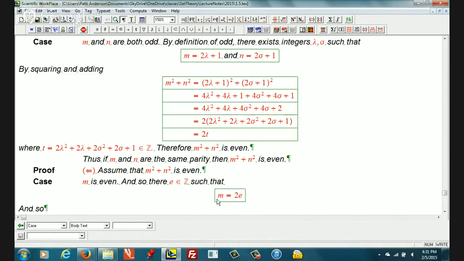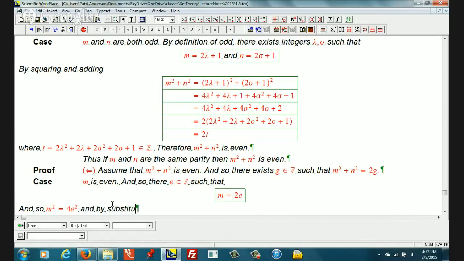Square it. And we know that m squared plus n squared is even, so let's write down what that means. Oh, we'll go with a g. And we're going to need that. We're going to have m squared is equal to 4e squared.